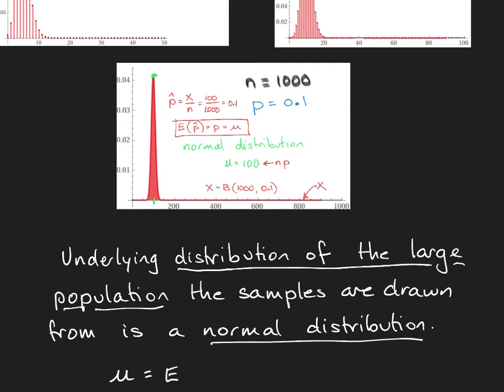And the mean of that normal distribution is related directly to the expected value for the binomial distribution. And if the binomial distribution is a proportion instead of an x value, then it's the expected value of p hat, which we know is p, the population proportion.